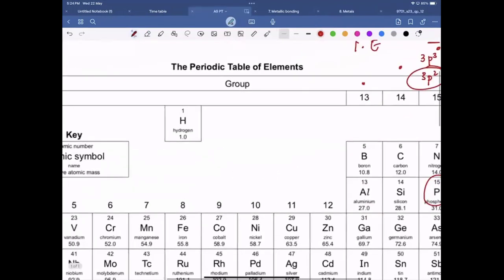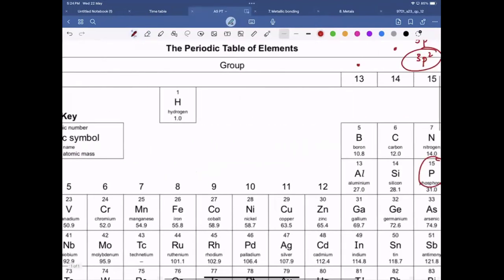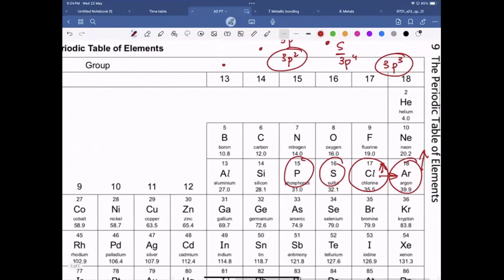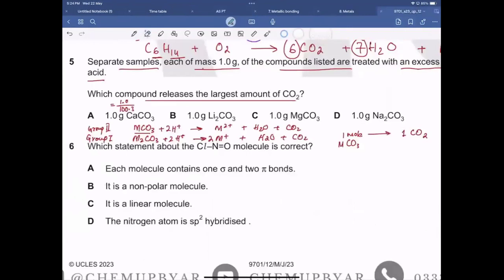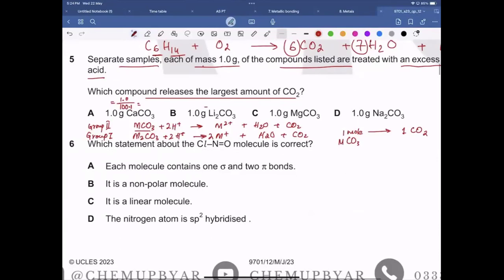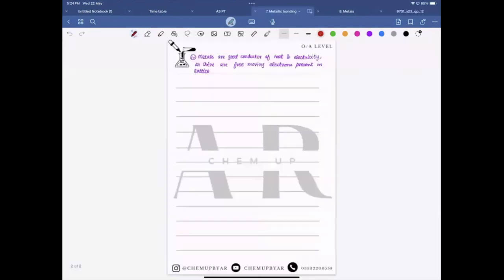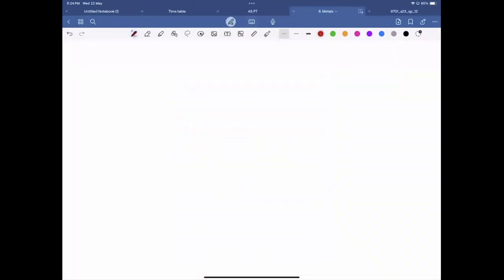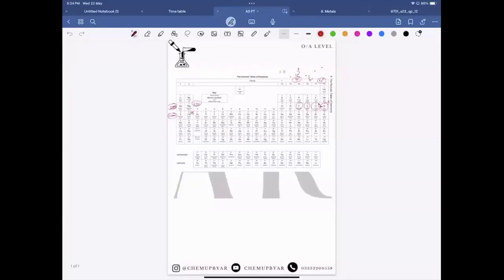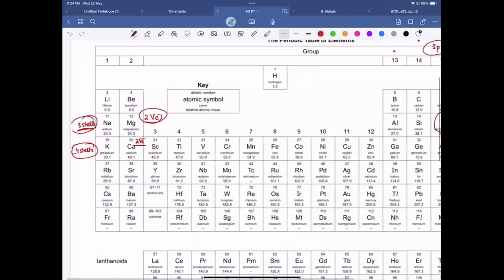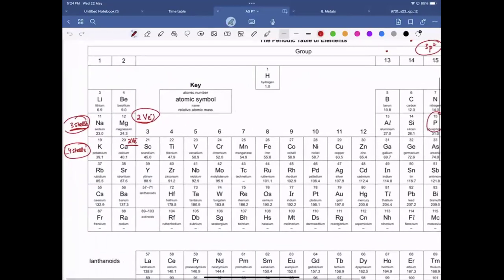Let me check it. It's 40.1 plus carbon. Okay, it's 100.1, not 100.4. So 100.1. Can anyone calculate and tell me the moles? 1.0 over 100.1. Now for lithium carbonate, lithium is 6.9.